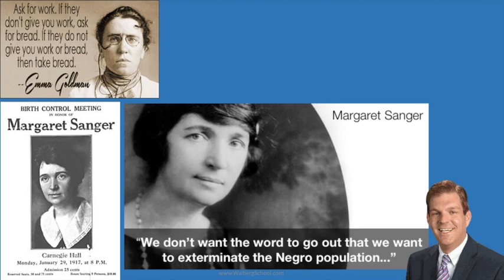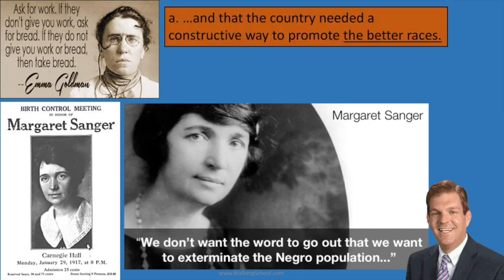The first one we'll talk about was her 1920 work, Woman and the New Race, where Sanger explained that there were undesirable immigrants who should basically be kept from overwhelming the native-born white peoples of America. And the country needed a constructive way to promote the better races, which was not even thinly veiled, not even veiled. The better races were white people and everybody else was not.